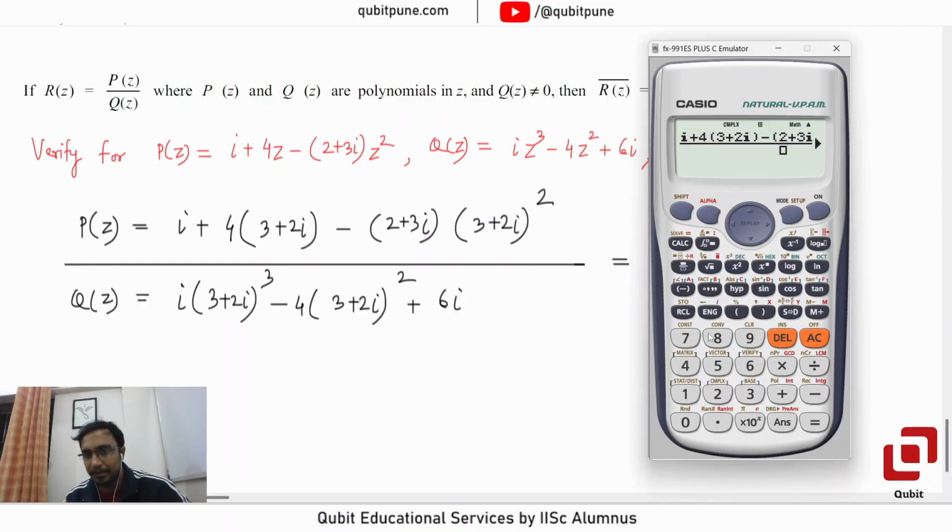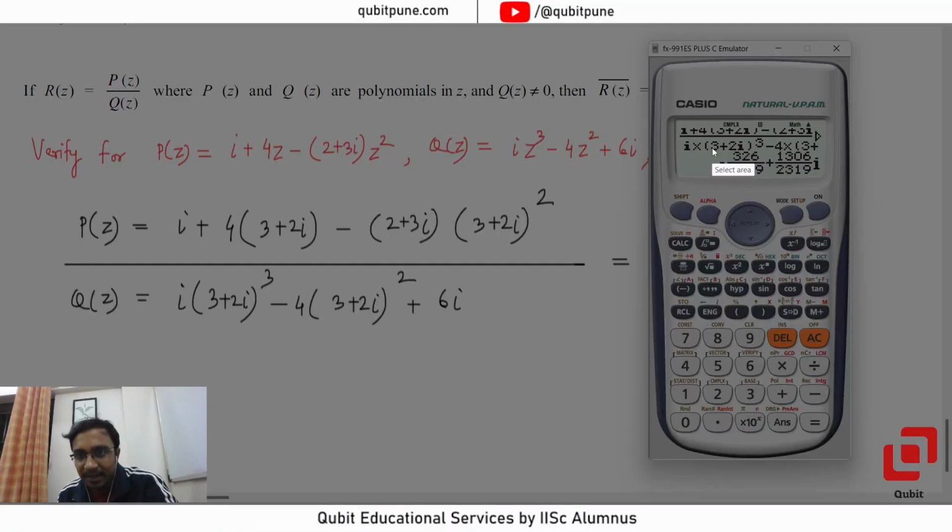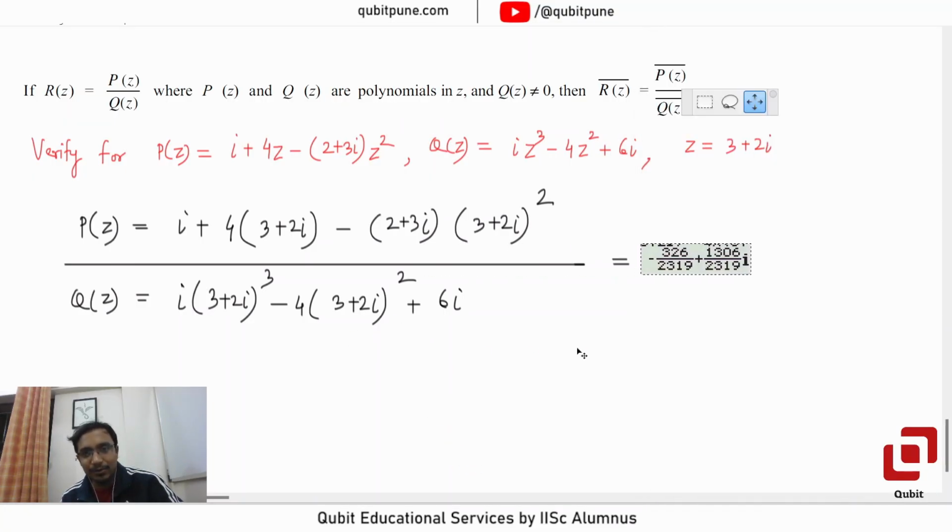Now let's go to the denominator. i into bracket 3 plus 2i bracket closed cubed minus 4 into bracket 3 plus 2i bracket closed squared plus 6i. Okay, that's negative 326 upon whatever that is. We are doing this just to get the feel of how the result works. The result is easier to remember.